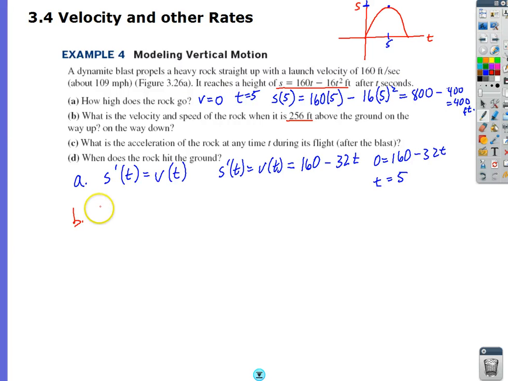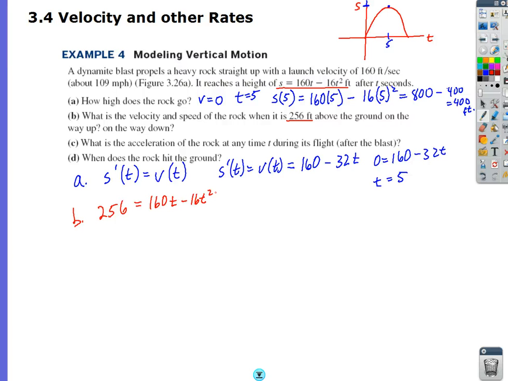So I'm going to set my position function equal to 256, which is equal to 160t minus 16t squared. What I notice right away is that everything there is a multiple of 16.